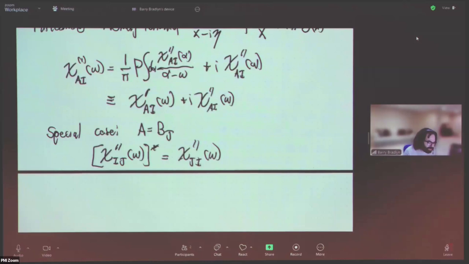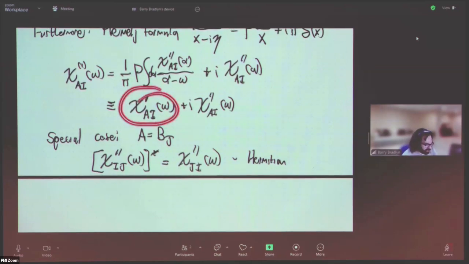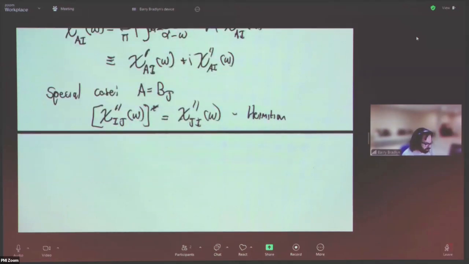So viewed as a matrix indexed by our perturbing fields and the thing we're looking at the average of, this is a Hermitian matrix. Because of that, chi prime is also a Hermitian matrix. So this spectral density that we introduced is actually the anti-Hermitian part of our Kubo formula.